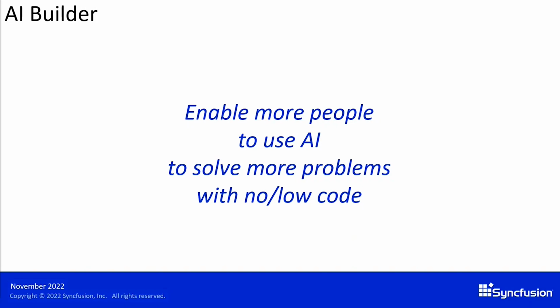You can then bring quickly artificial intelligence into your applications and flows, and today we'll also see a couple of examples. And you can actually try and solve problems with no or really low code effort.